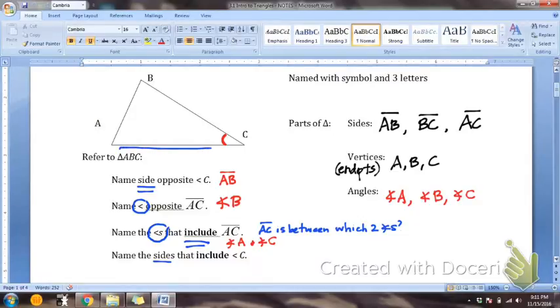So angle C is between AC and BC. So that's our second side there. So in your homework, if it's asking for sides that are opposite or angles that are included, this is the section of your notes that you're going to want to come back to, okay?